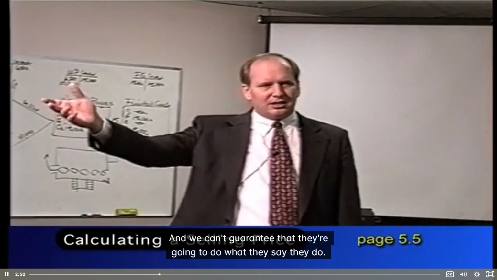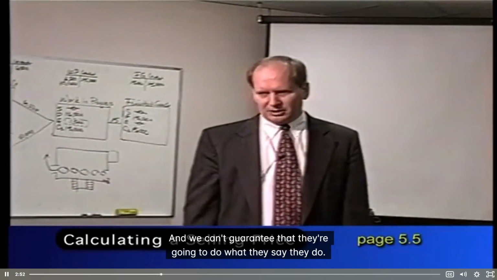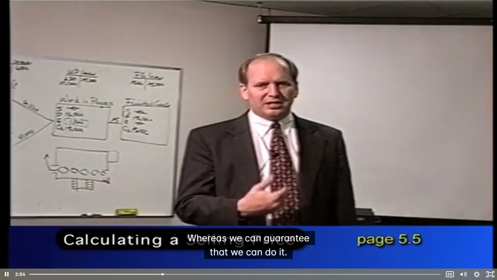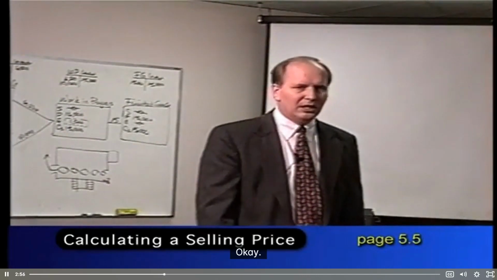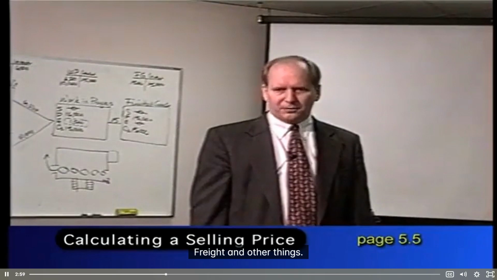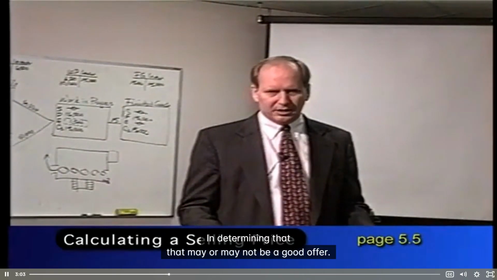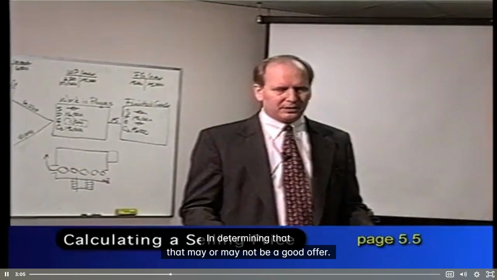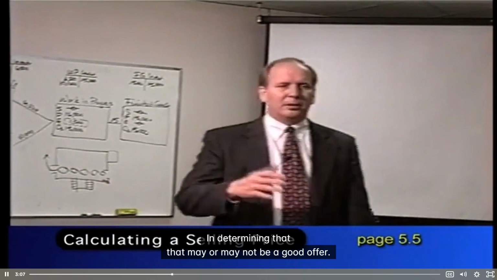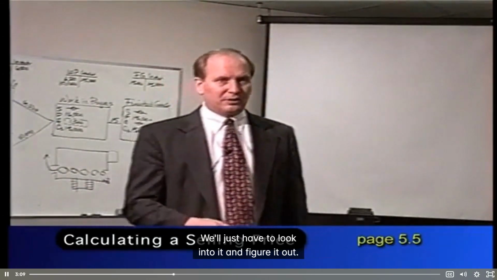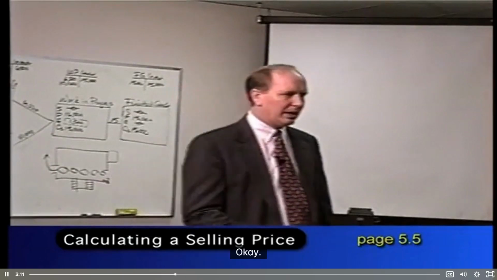And we can't guarantee that they're going to do what they say they do, right? Whereas we can guarantee that we can do it, okay? There's also freight and other things. So we have to consider all those factors in determining that, okay? So that may or may not be a good offer. We'll just have to look into it and figure it out, okay?